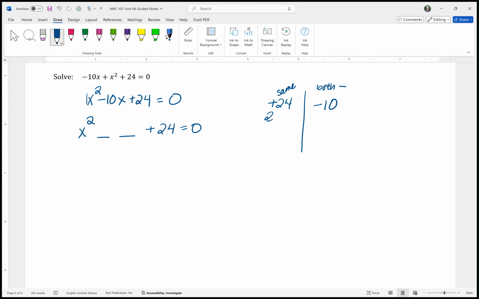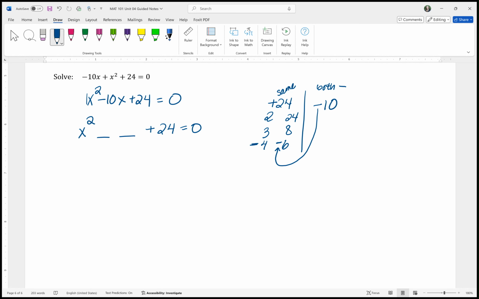So we have 2 and 24, 3 and 8, 4 and 6. 4 times 6 gives you 24, and 4 plus 6 does give you 10. But again, now that we know the signs are both negative, the sign of B is always to the bigger number. That's still true, but you just got to know the other one is negative as well. Okay? All right, so we've got negative 4, negative 6.